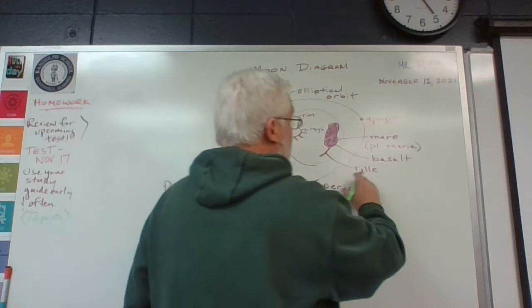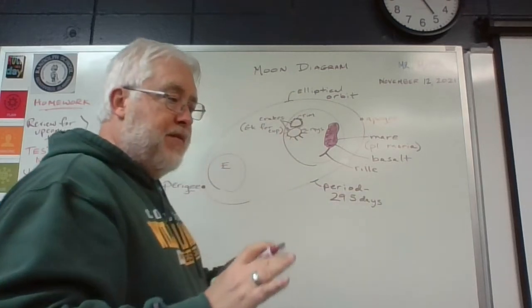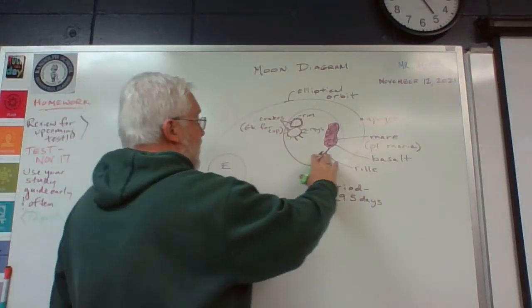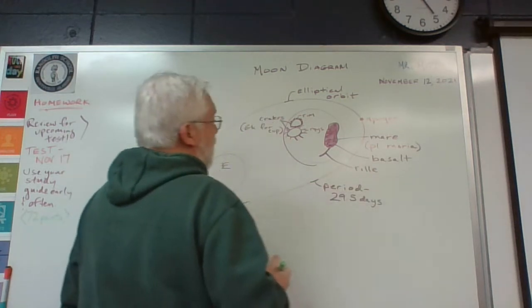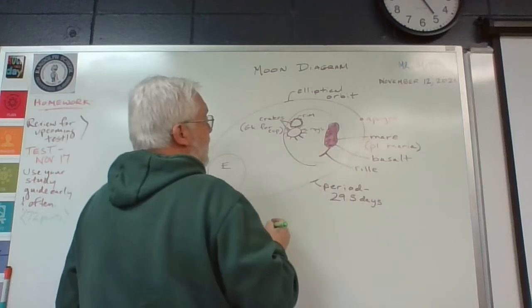These are known as rills. Not all rills probably serve that function, but at least some of them are thought to act as conduits for lava to flow and fill the maria.